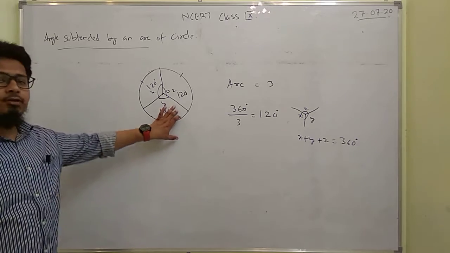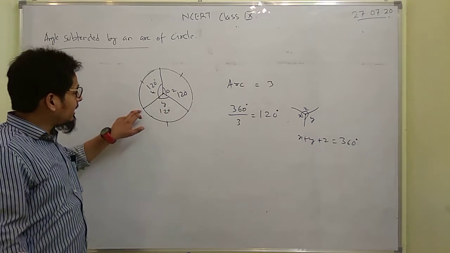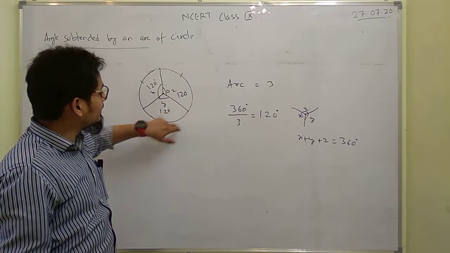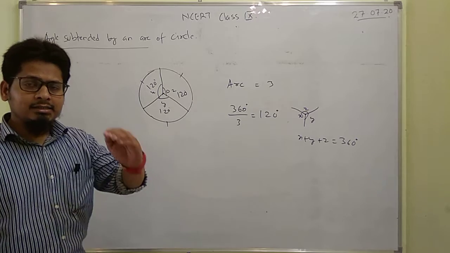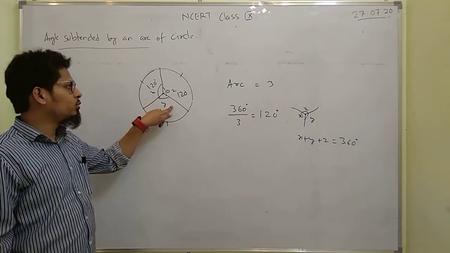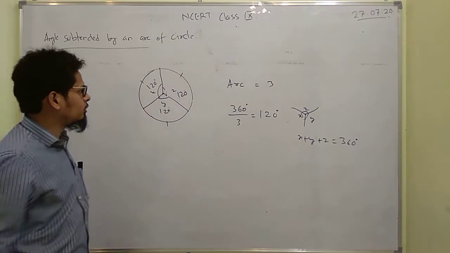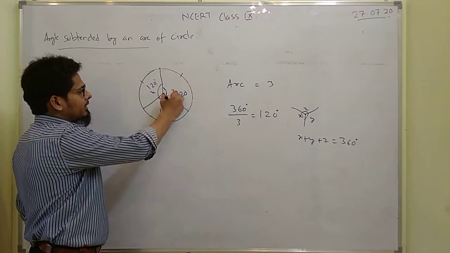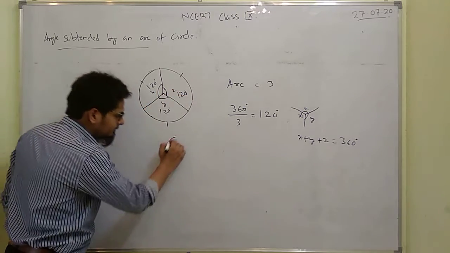So from this activity, what have we observed? We have observed that if the arc lengths are equal to each other, then the angles subtended by the arcs at the center will also be equal to each other. Clear? Class, do you understand or not? For example, I draw another circle.